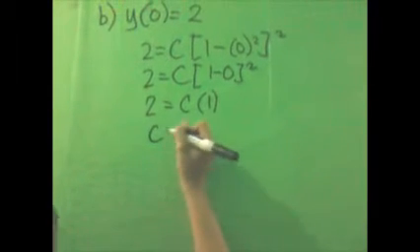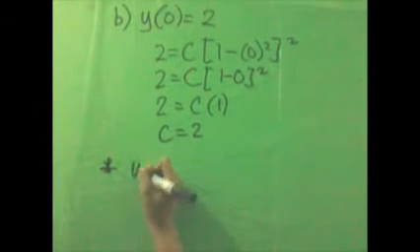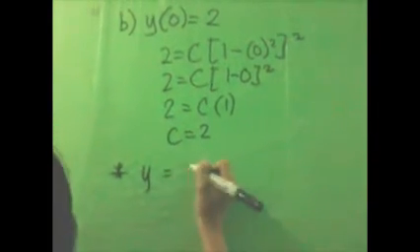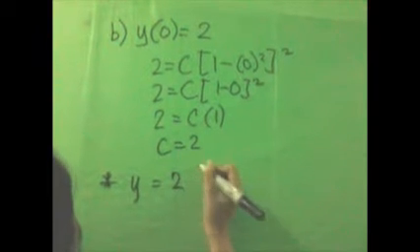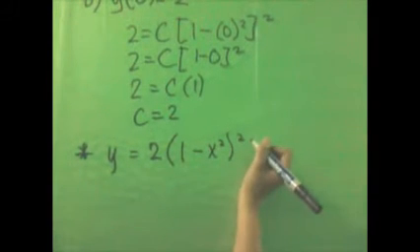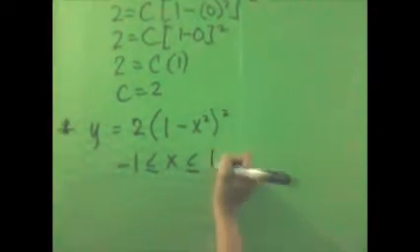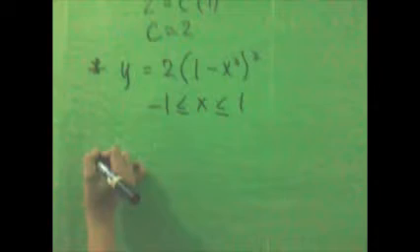So the value for c is 2. So substituting, we have y is equal to 2 times (1 - x^2) squared, for every x such that -1 is less than x and x is less than 1.